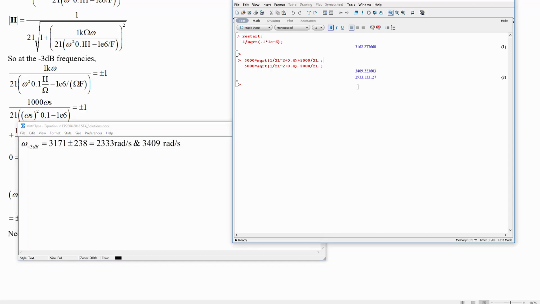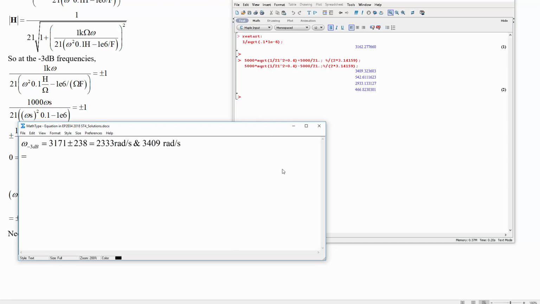In hertz, we end up with 543 hertz and 466.8. So let's say 467 hertz.